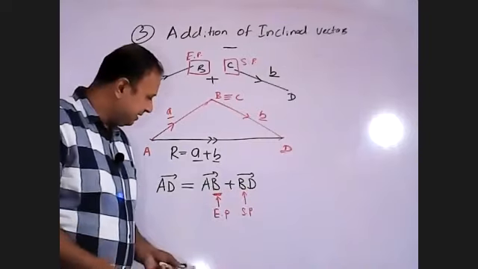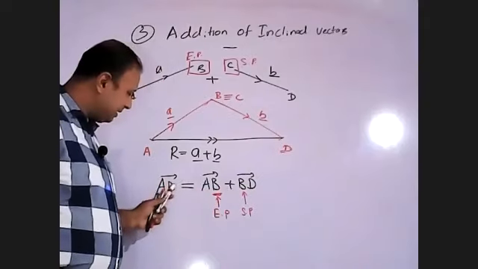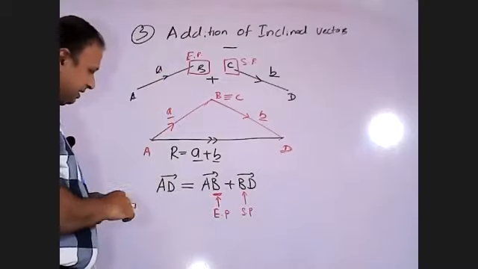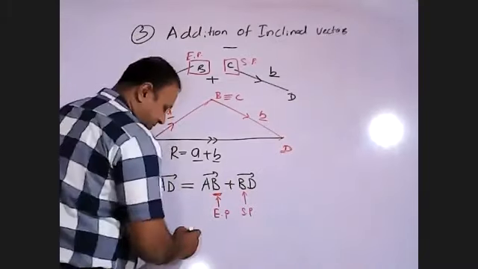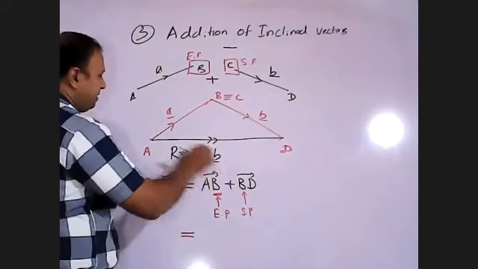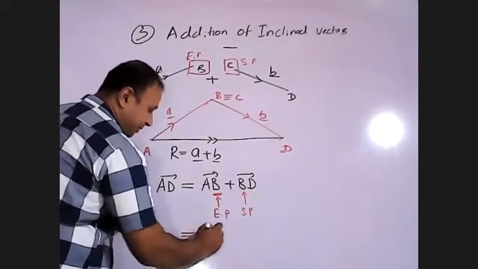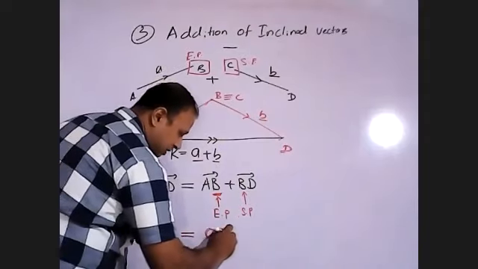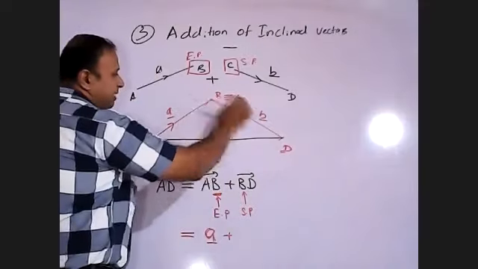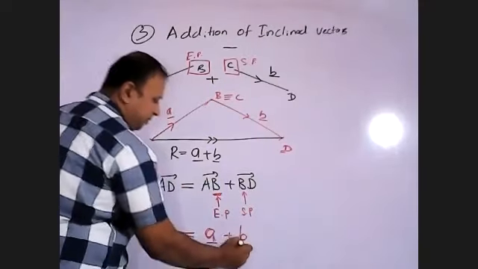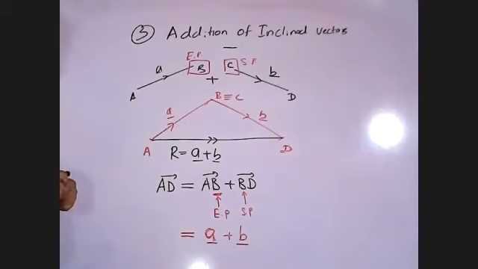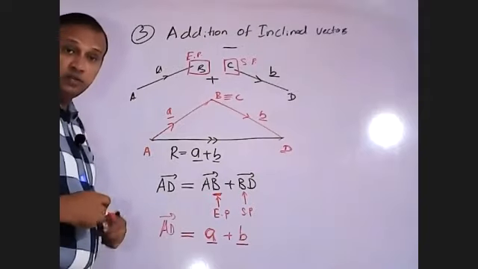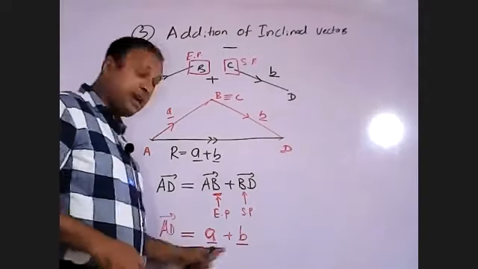Then it will be cancelled out and AD will remain. AB means vector A plus BC means vector B. Therefore, the AD vector is equal to the addition of vector A and vector B.